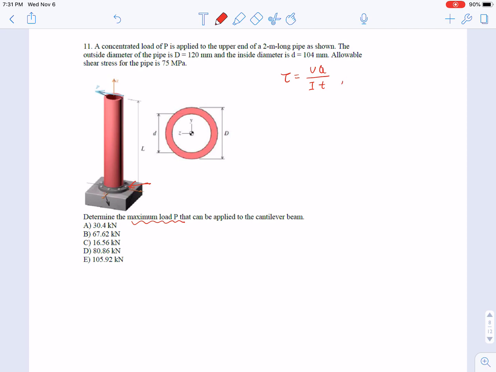Here the V equals P. So the Q can be calculated by 1 over 12 times D cubed minus lowercase d cubed. So that is 1 over 12 times 120 cubed minus 104 cubed, and you will get 50261.